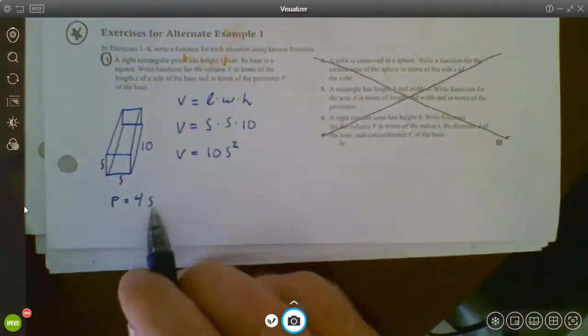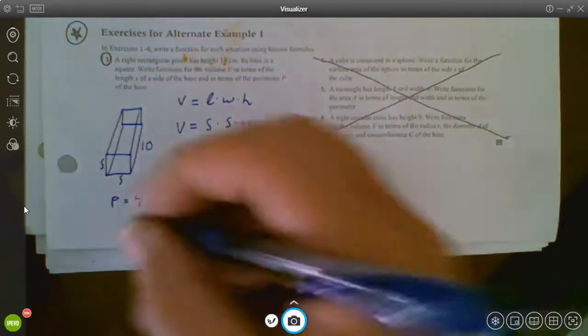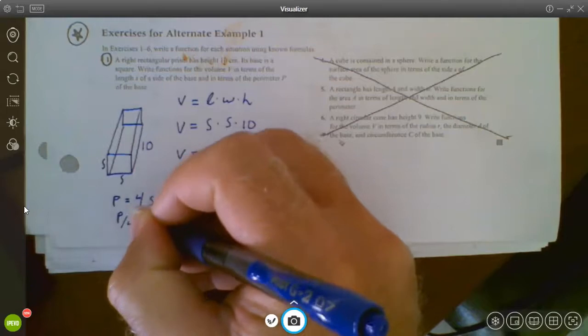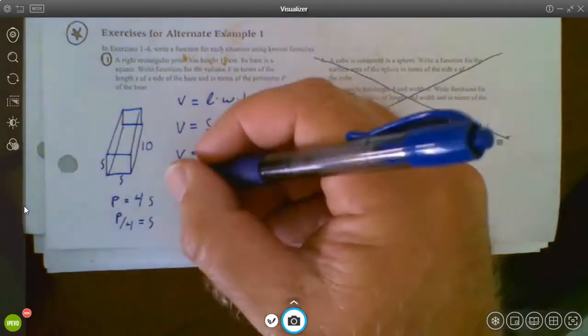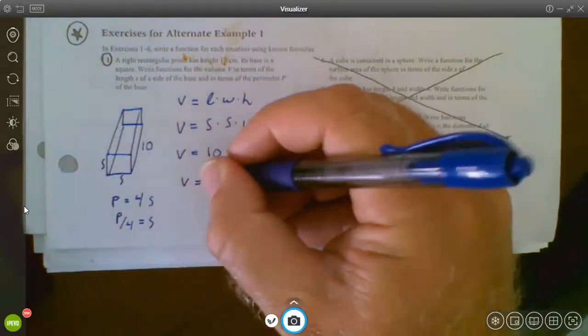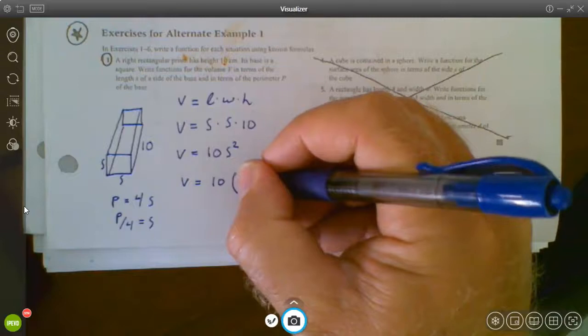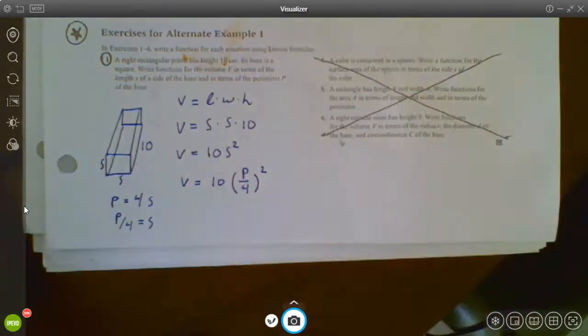I want to get the s by itself, so I can sub it into this. So if I divide over the 4, then we're going to get p over 4 represents our side length. So we're going to sub that in for this. So volume is going to say 10 times p over 4 squared. And then we can do a little cleanup on that.